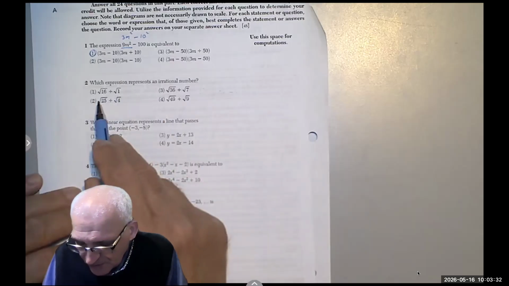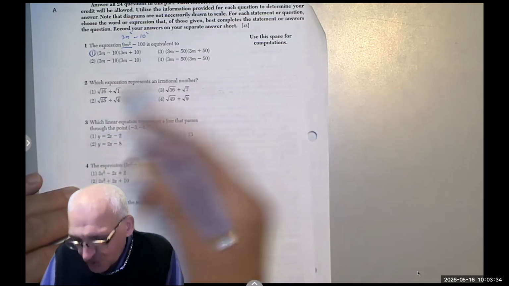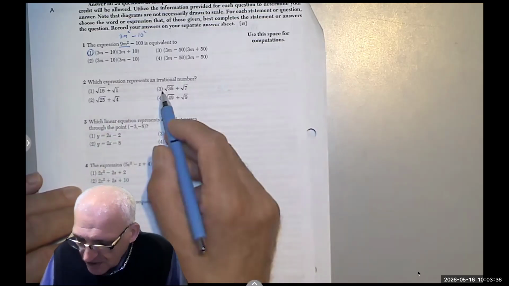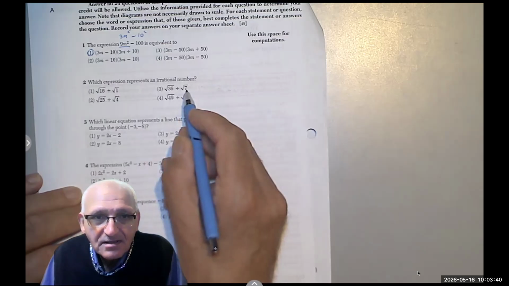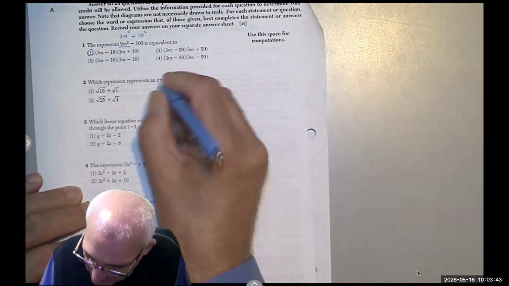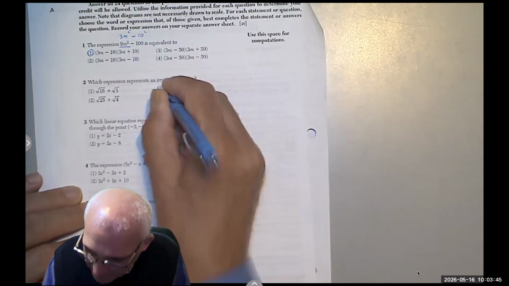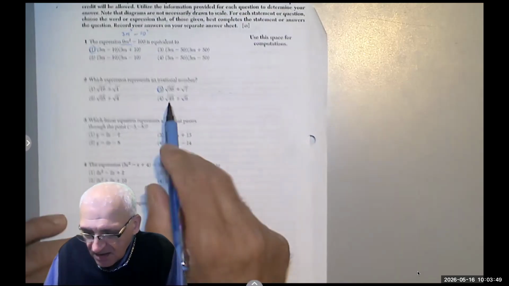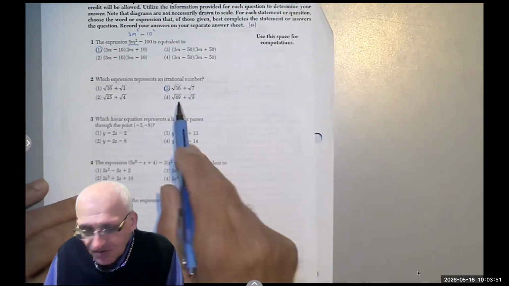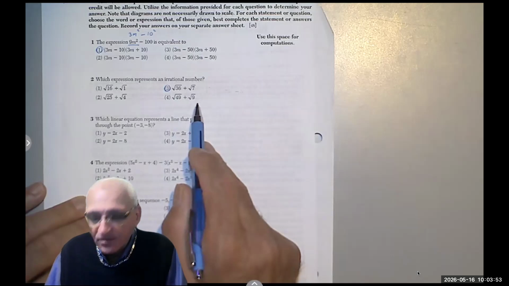Number 2, square root of 25 is 5, square root of 4 is 2, so that's fine. Square root of 36 is 6, but the square root of 7 is irrational. So it's number 3. Of course, you can check the next, but you cannot have more than one. Just to be on the safe side, square root of 49 is 7, and square root of 9 is 3.